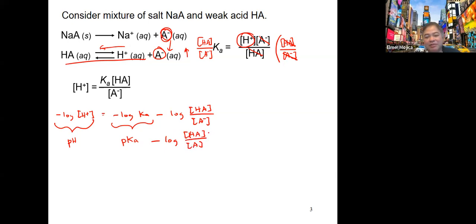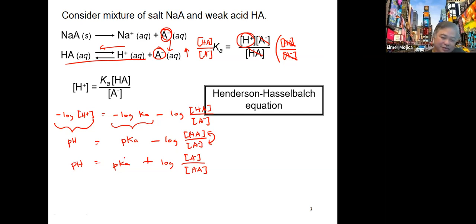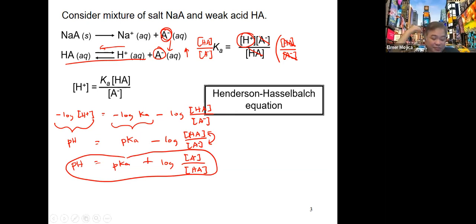Now, what happens if I flip these two? What's the major change? When I flip that, the sign here will reverse. From negative, it becomes positive. And this is what we call the Henderson-Hasselbalch equation.